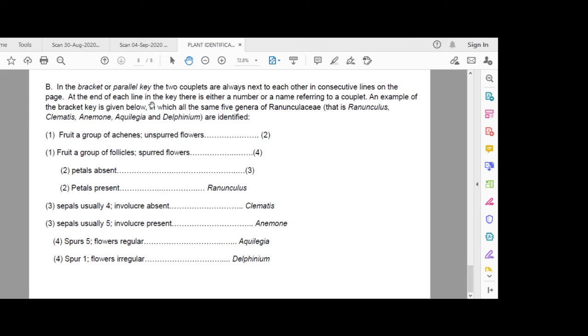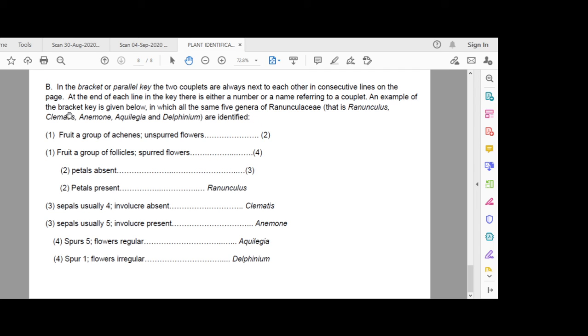At the end of each line in the key, there is either a number or a name referring to a couplet, like this. So here we write numbers 2 and 4.